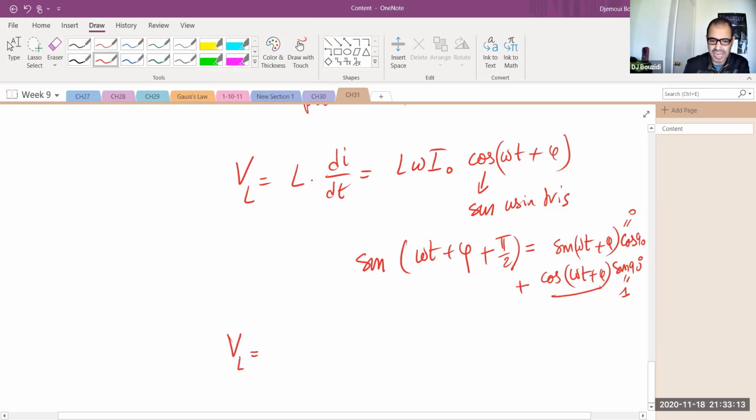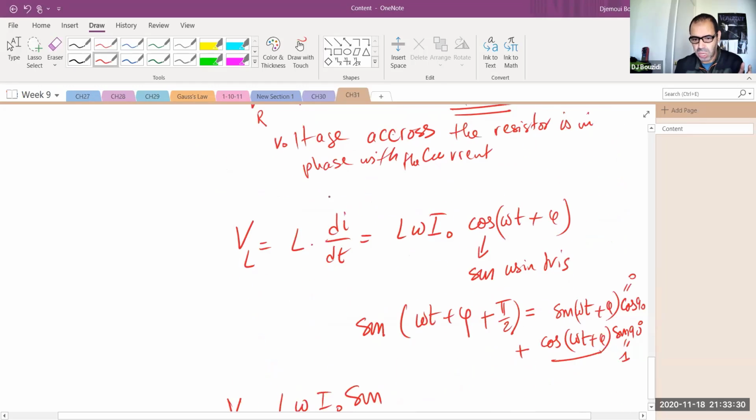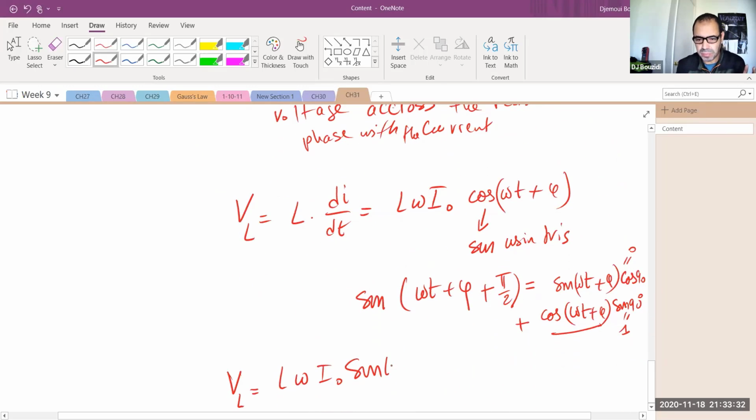because I can write V_L as the same thing as L omega times I naught. In other words, I'm going to scale its amplitude too, but instead of scaling it by a single number, I'm going to multiply it by omega and L times the same sine that I had for the current. Remember, the current is a sine of omega t plus phi, except that it has a 90 degree angle added to it.